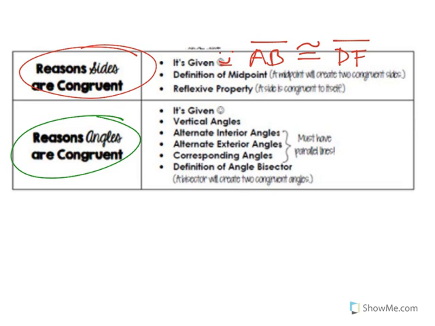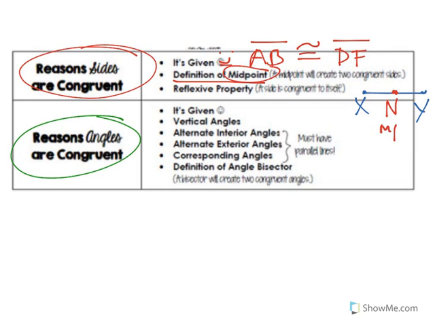Another reason sides are congruent is the definition of midpoint. A midpoint will create two congruent sides. What does that look like? You may have a line like this, and let's use two different labels, X, Y. And let's say that right here in the middle, this is N, and N is the midpoint.